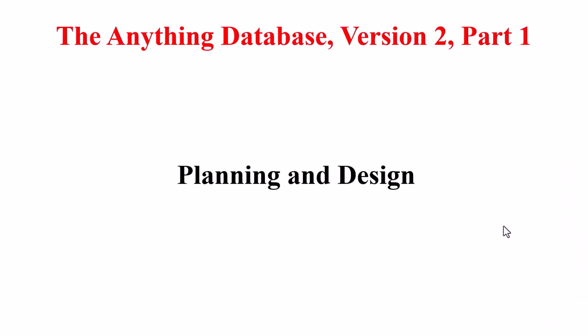We're not going to work with a database as such right now, but we're going to look at what a database is and understand how we can use programs, different applications, to create data that's going to work with databases. And that's what the Anything database version 2 part 1 is all about. This first piece we're going to be doing here is planning and design. I need to show you what we're actually going to build to begin with.